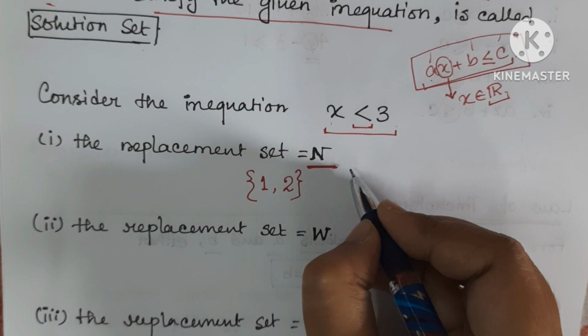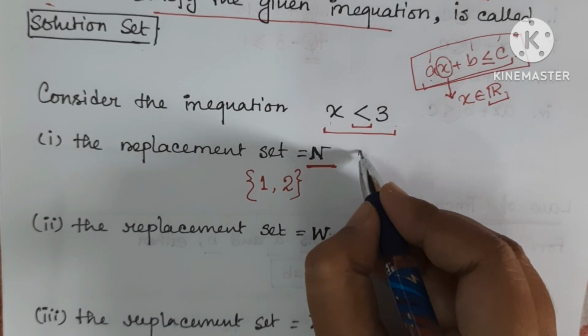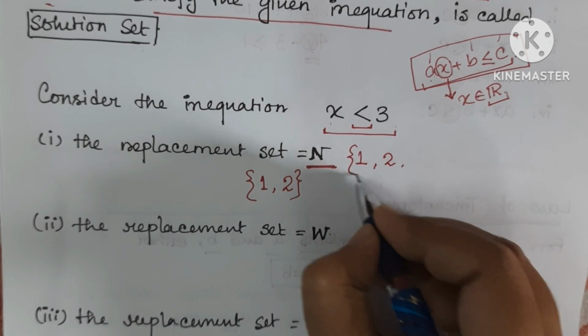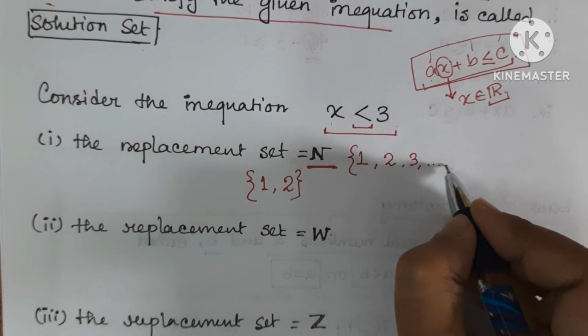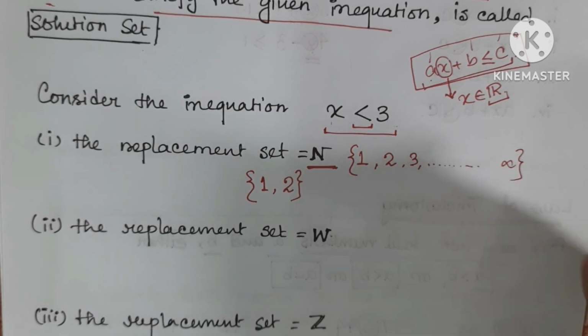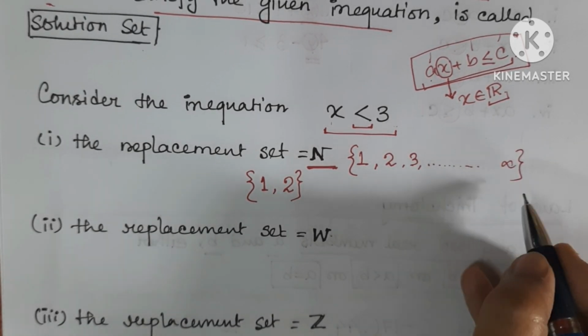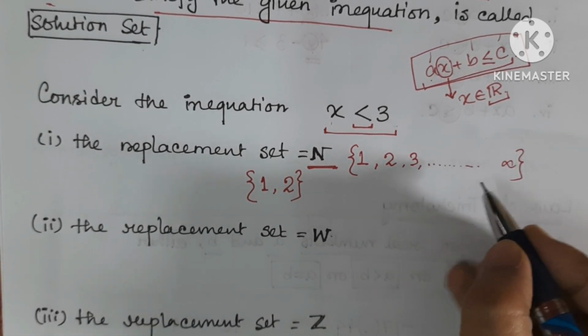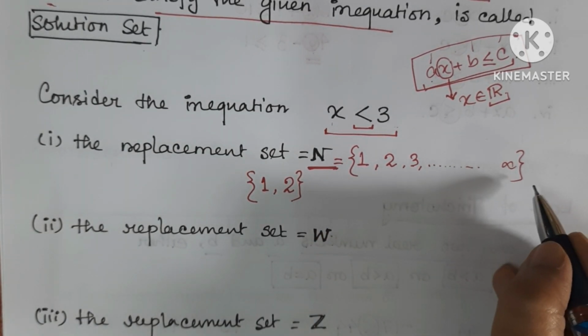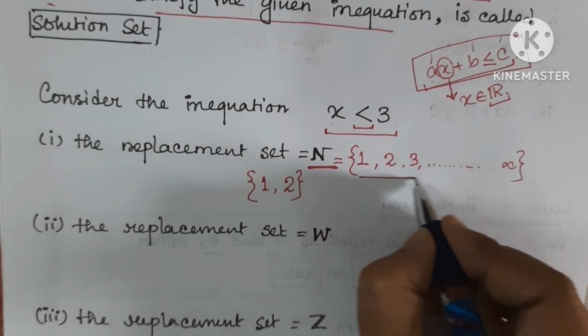Set of natural numbers means it will start from 1, 2, 3 and so on up to infinity, right? But this is the replacement set.